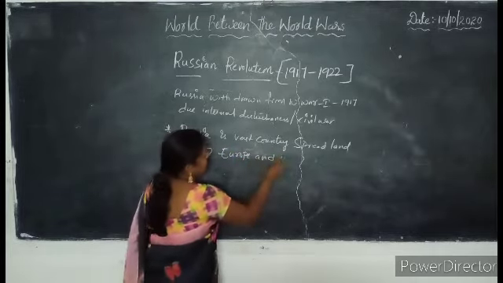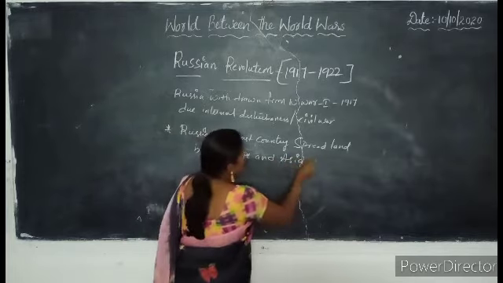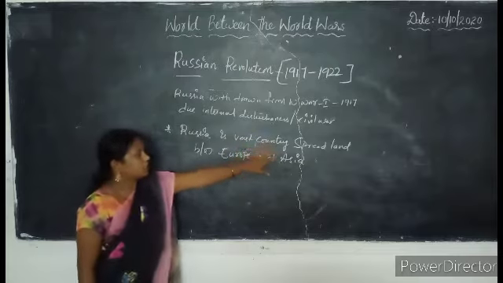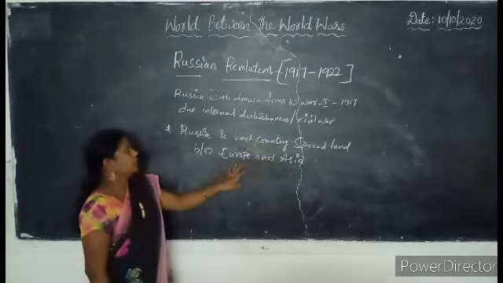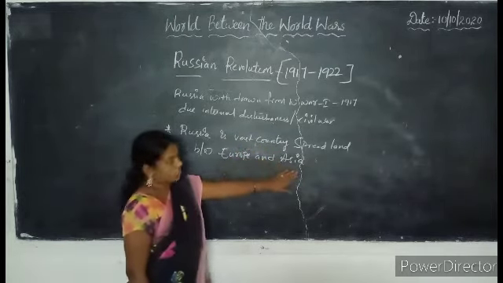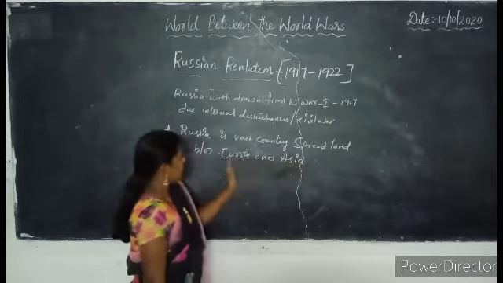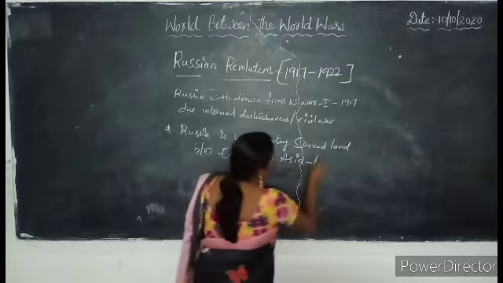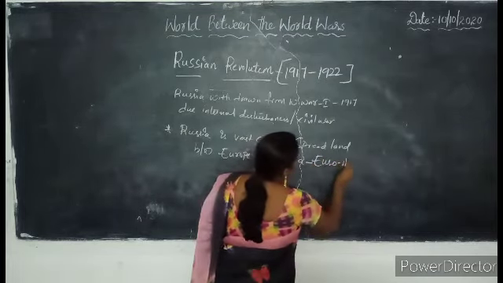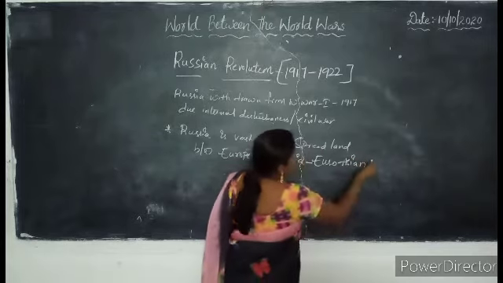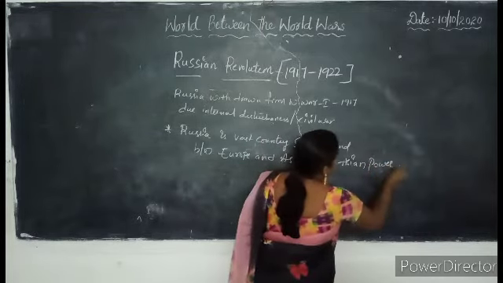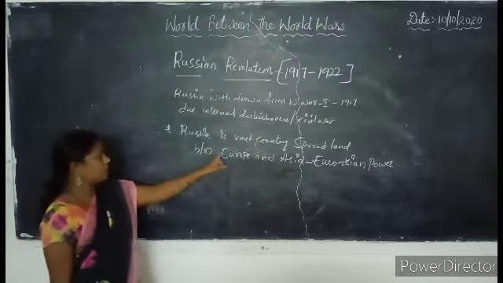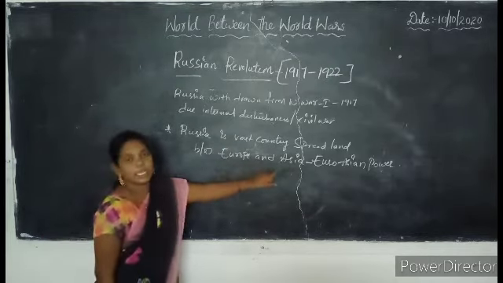It's spread between the two places, that is what? Europe and Asia. The major part is located in Asia and the minor portion is located in Europe. That's why we call it a Euro-Asian power. Why do we call it a Euro-Asian power? Because it has spread between Europe and Asia.